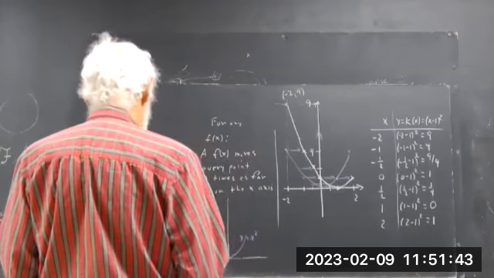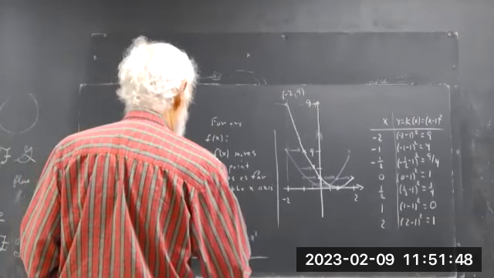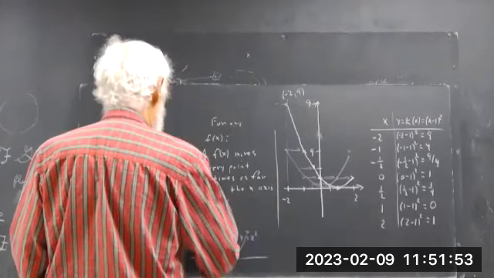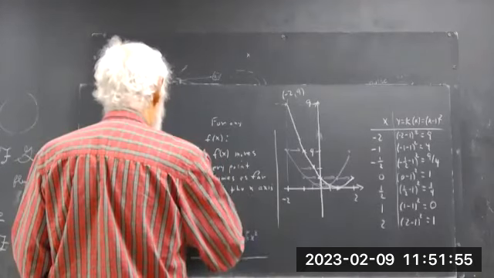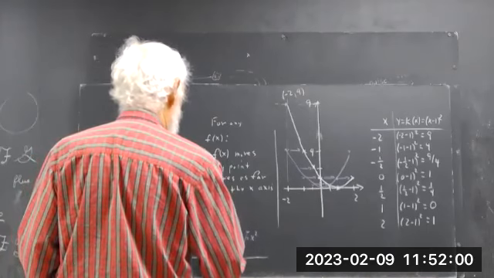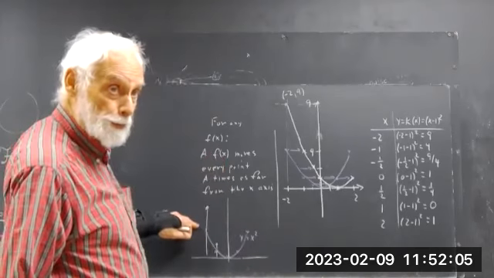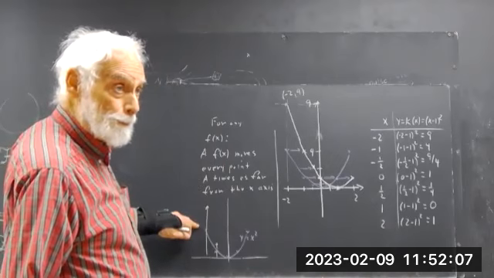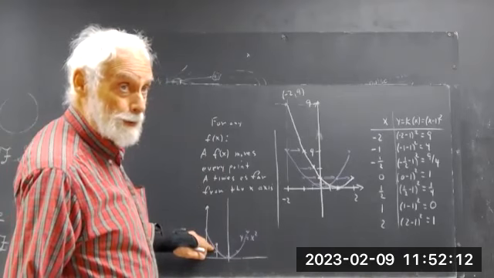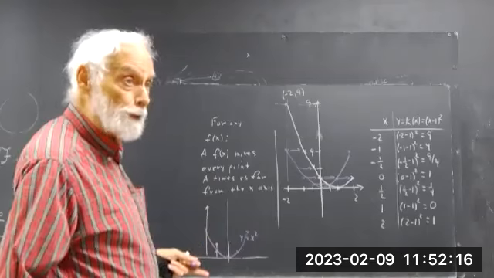As we saw last time, points on this graph all move twice as far from the x-axis. Notice that this point doesn't move as far as this does, right? Why? Because it's not that far from the x-axis to start with. If it moves twice as far, well, it doesn't have that far to move.